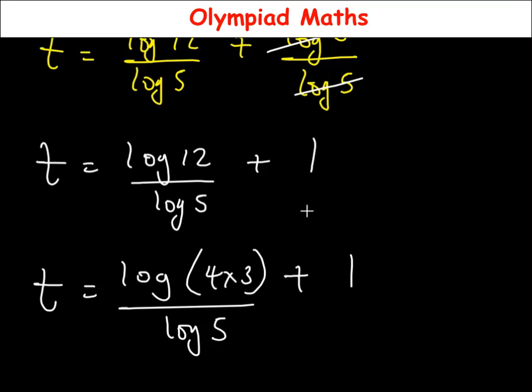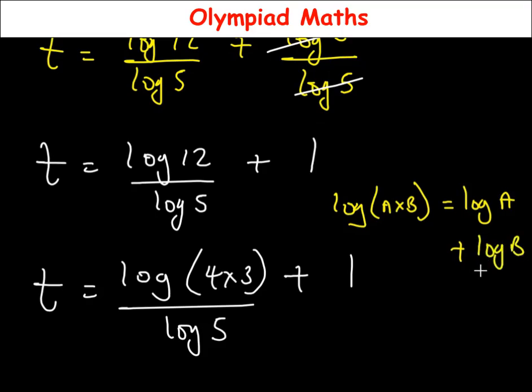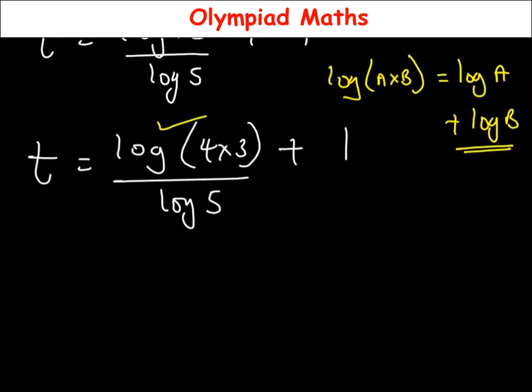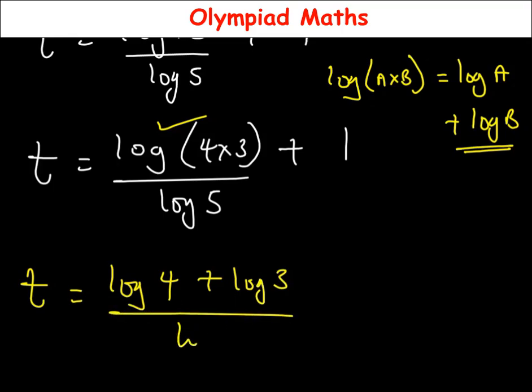And from here, applying the rule of logarithm, that if you have logarithm of a times b, this equals log a plus log b. Applying this right here, the value of t is then equal to log 4, then plus log 3, then all over log 5, then plus 1.